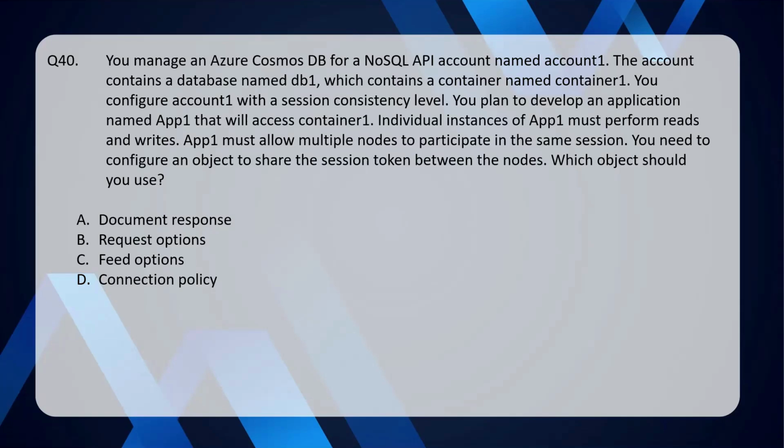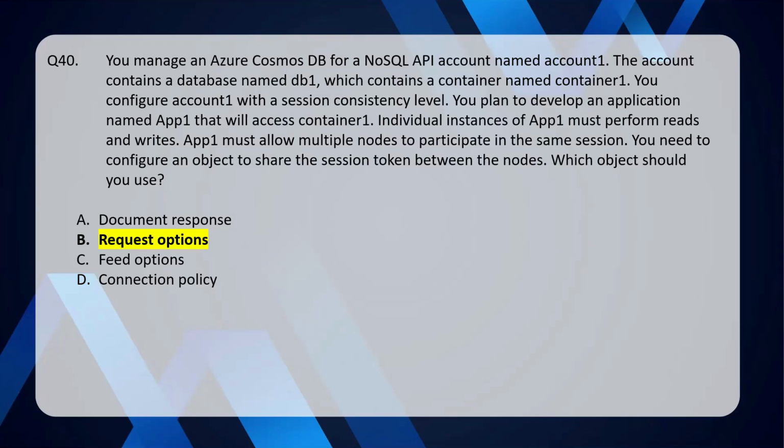Individual instances of app1 must perform reads and writes. App1 must allow multiple nodes to participate in the same session. You need to configure an object to share the session token between the nodes. Which object should you use? Your options are document response, request options, feed options, connection policy.